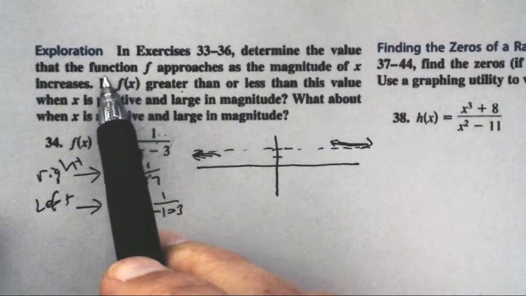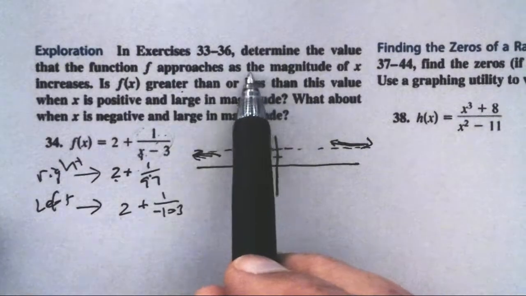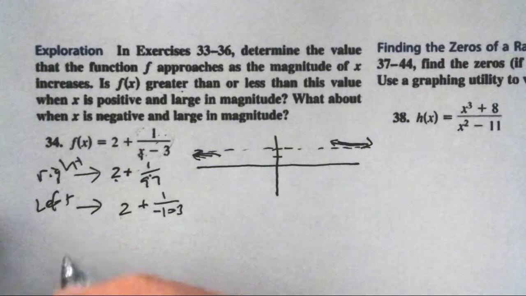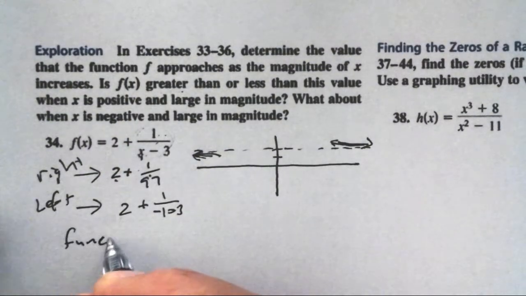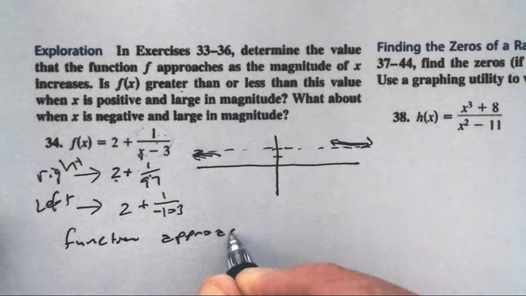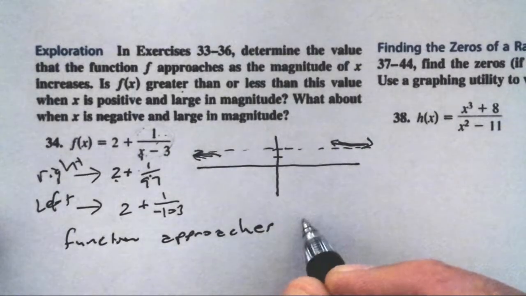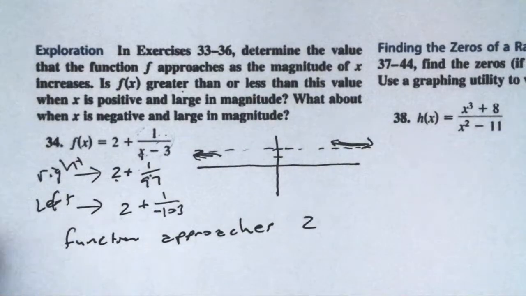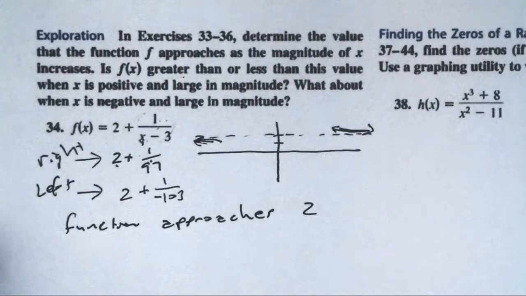So determine the value that the function approaches as the magnitude of x increases. The function approaches 2. That's the y value. Is the function greater than or less than this value?